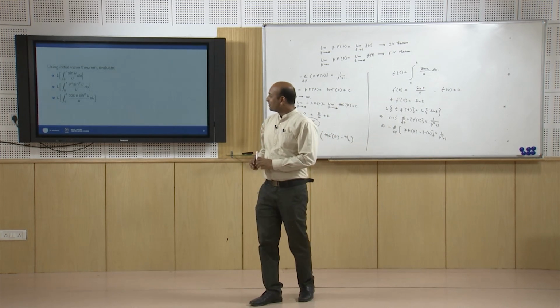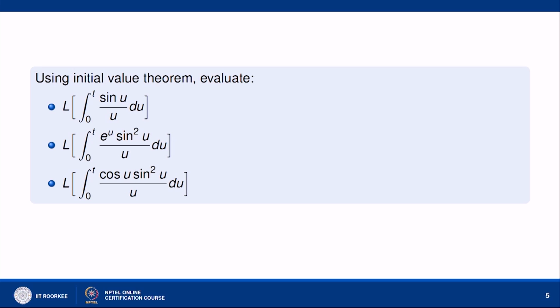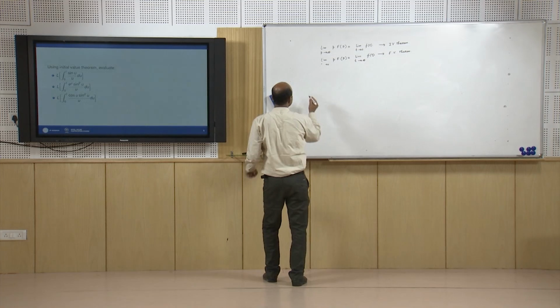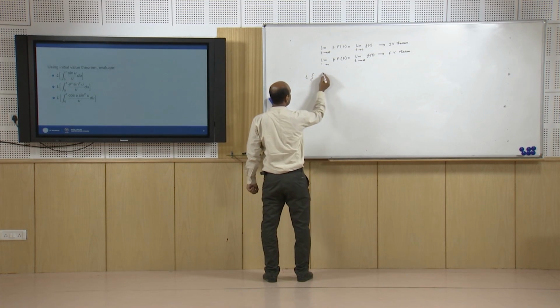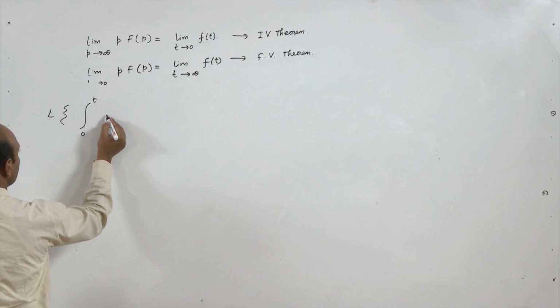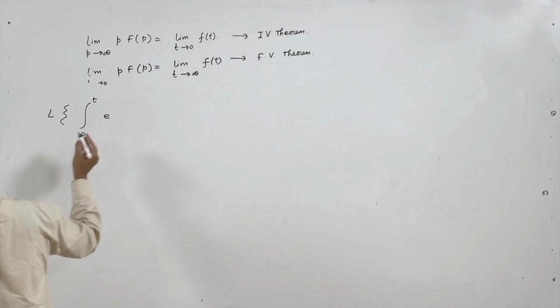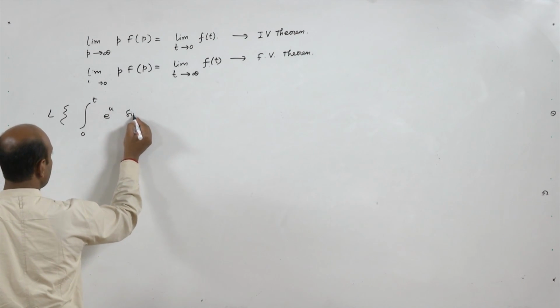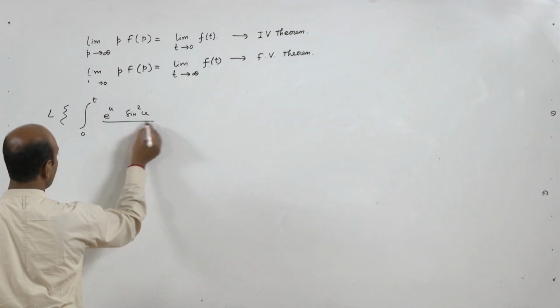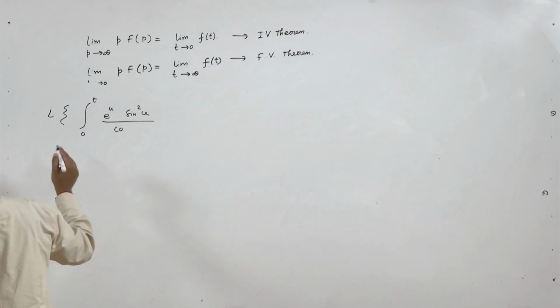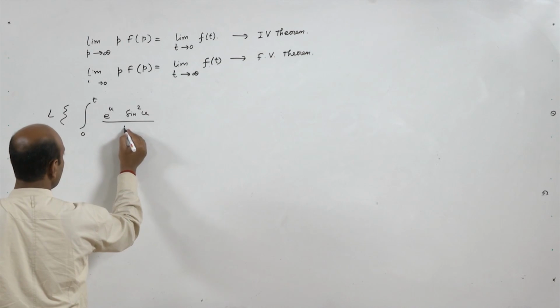Now, let us compute the second problem. This problem can also be solved using the initial value theorem. It is the integral of e to the power u sin square u upon u du.